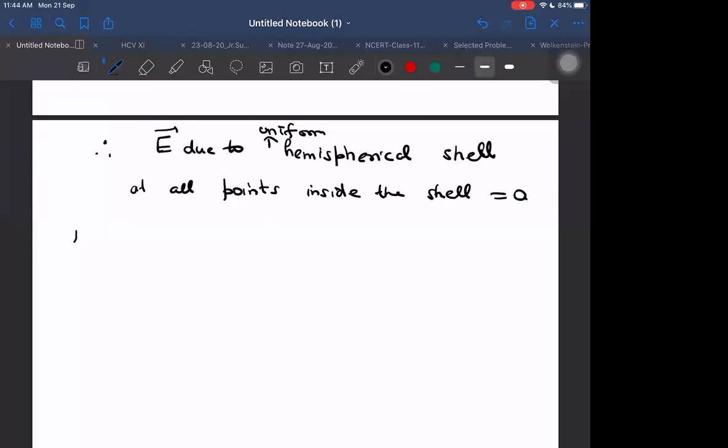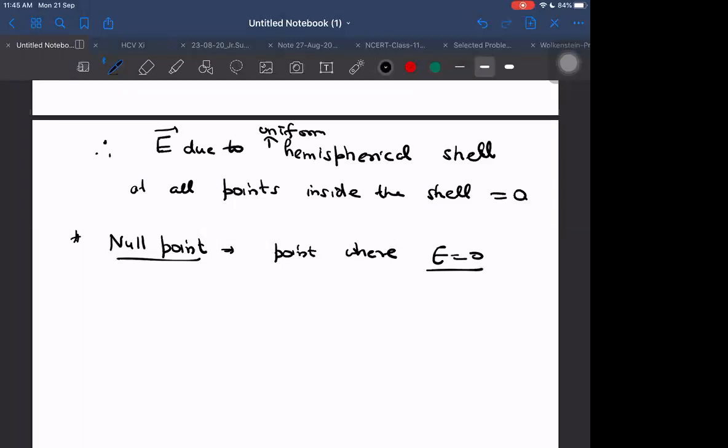One more thing I would like to add here: null point. A null point is the point where the gravitational field is 0. So all points inside are null points for the shell.